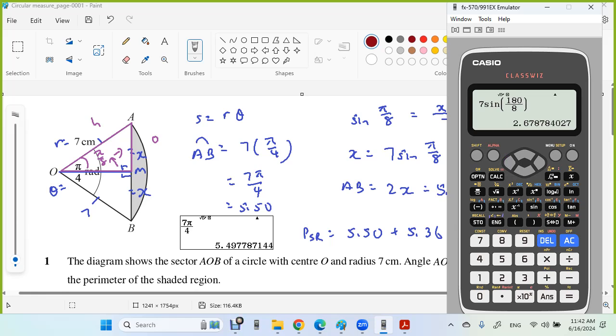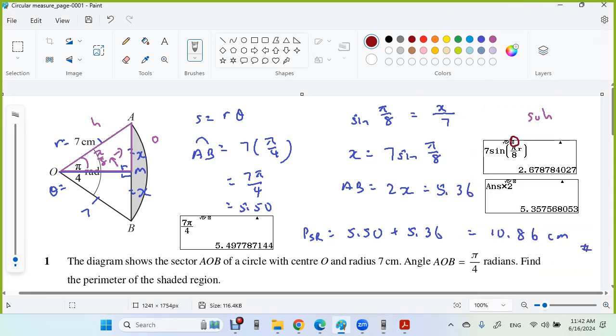So this is 2.67. So pi without R is in degree, so we have to use degree. If the calculator's D, we change to R, then we no need to put the R here.